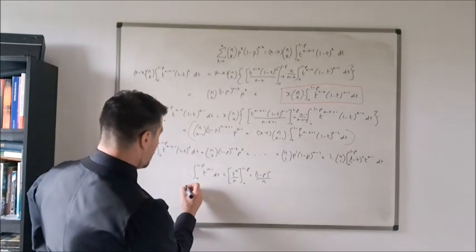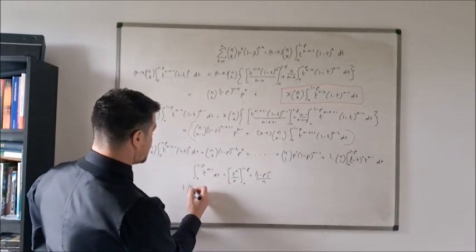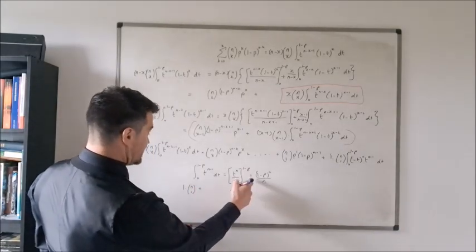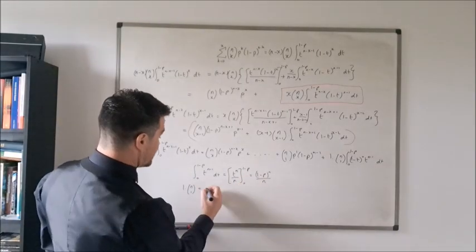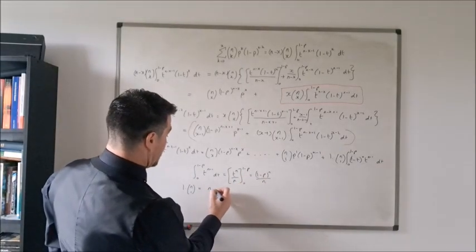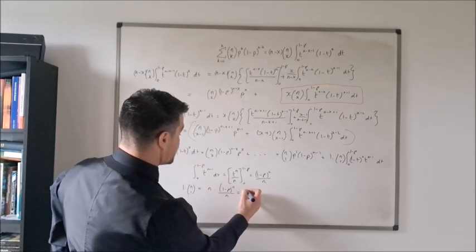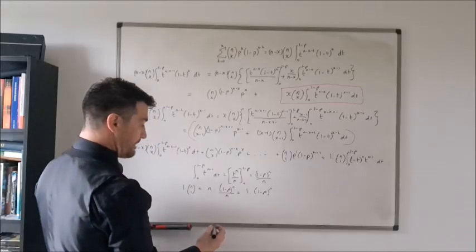Okay, so 1 times n choose 1 of this is equal to, n choose 1 is n. So it's going to be n times 1 minus p to the power of n over n, which is 1 times 1 minus p to the power of n.